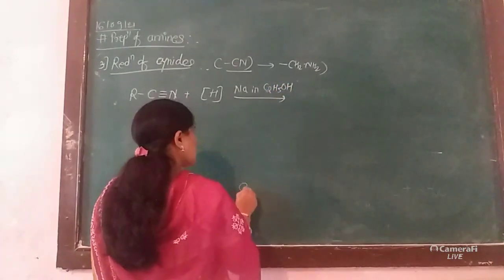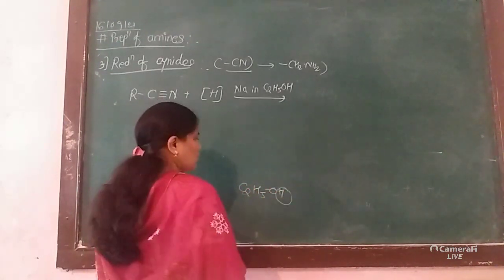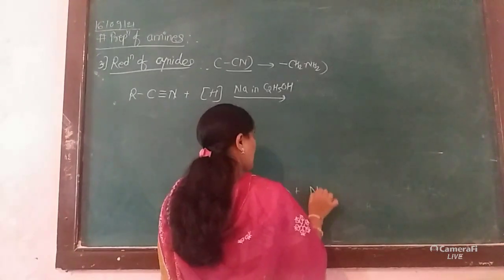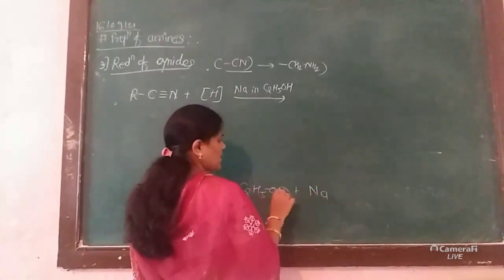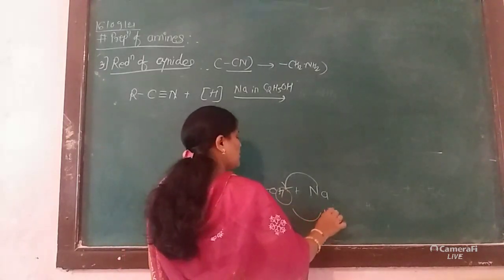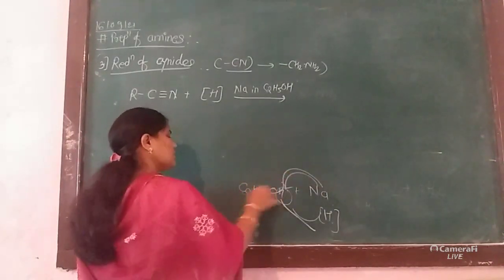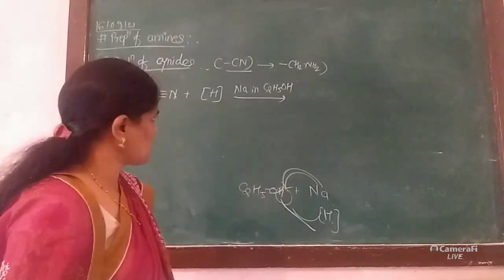Alcohol is also a very volatile solvent, and the hydrogen of alcohol is easily replaced by the metal. That means when it reacts with the metal, sodium ethoxide is formed along with nascent hydrogen.